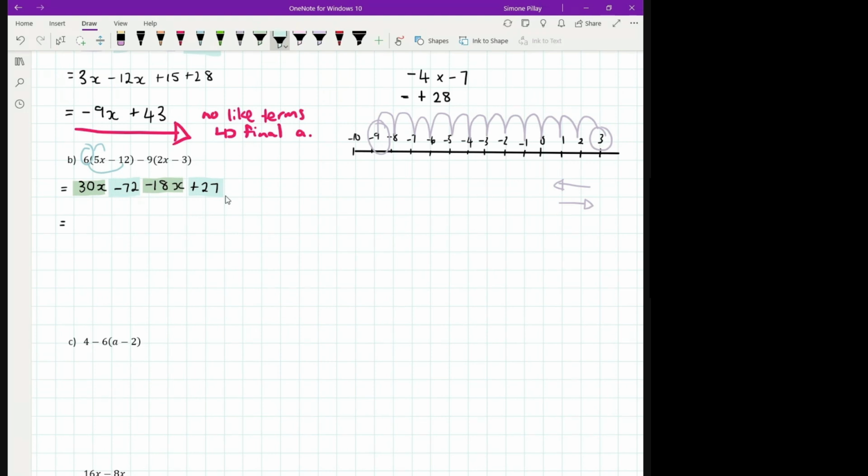So in brackets, it's going to be 30x minus 18x, okay, so you want brackets, that's okay, which is going to be 12x, and then in the next set of brackets, it's going to be negative 72 plus 27. So, yes, negative 72 plus 27.